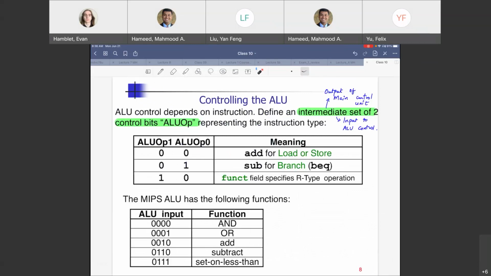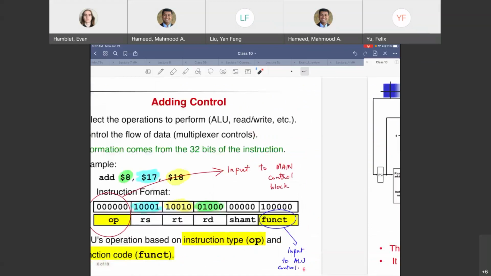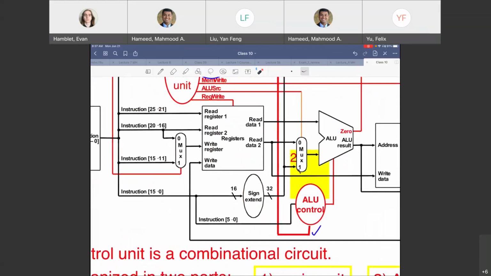For add I, you are looking at the addition of a register that we get from the register file and the 32-bit sign extended value. So once you have this from here and this from here, in that case you are going to treat add I, as far as the ALU is concerned, as an R-type instruction, because once you have determined this and picked this up, you have 32 bits over here. So it's very similar to an R-type instruction.